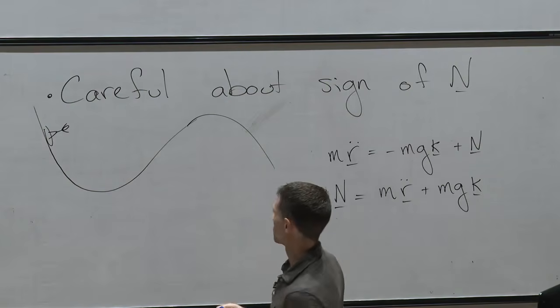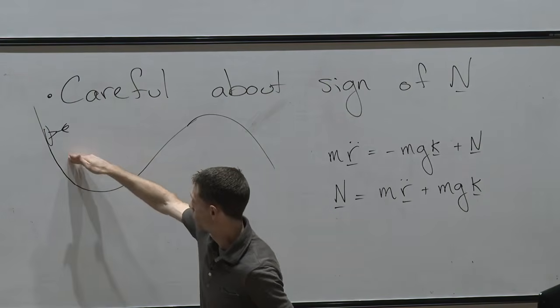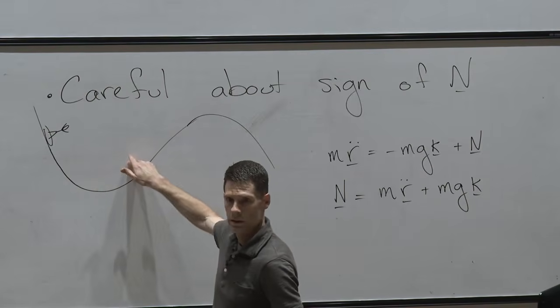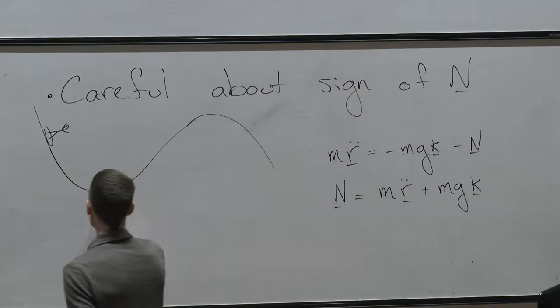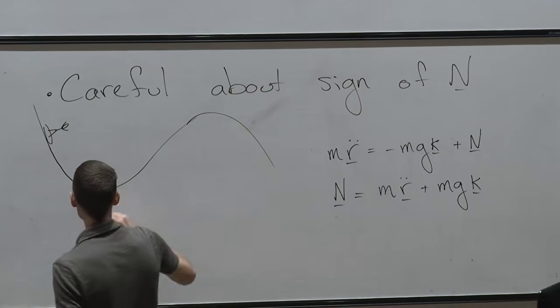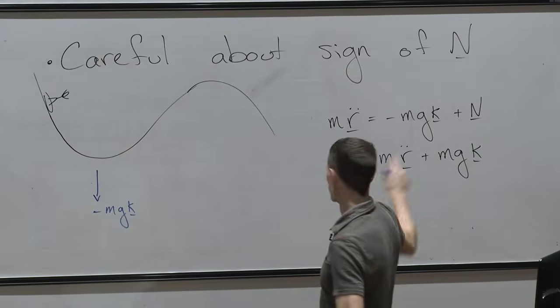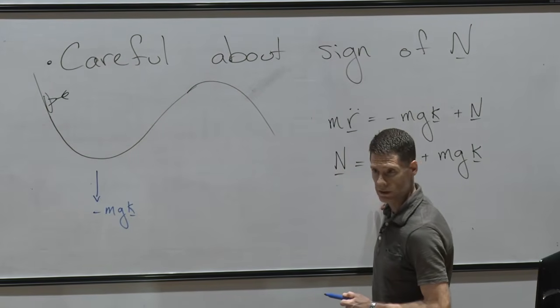There are kind of two parts to the motion. When the snowboarder is going through this bit, obviously mg k̂ is always pointing, so this is minus mg k̂. So mg k̂, there's a component pointing up, and then N has a component due to the acceleration.